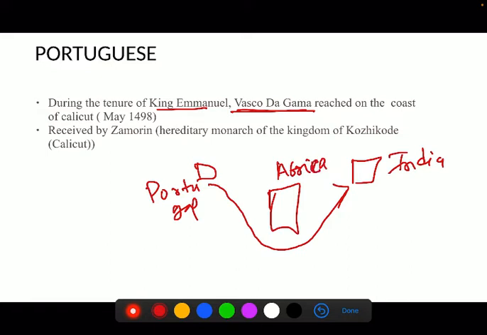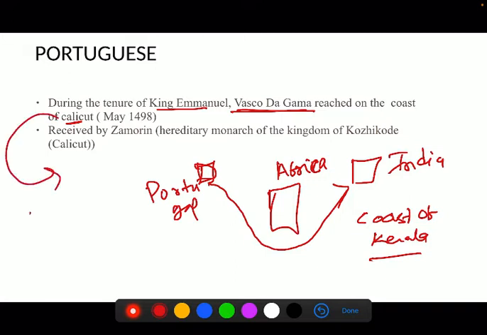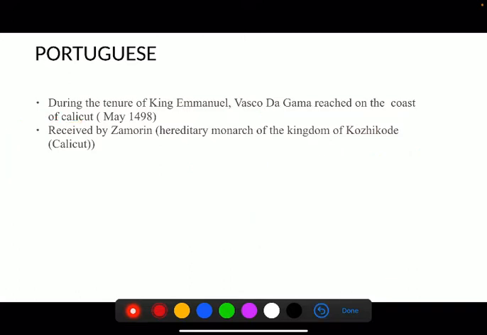From the Cape of Good Hope, Vasco da Gama reached India, and in India he reached the coast of Kerala, the coast of Calicut. Calicut is known as Kozhikode at present time. So this is the story.